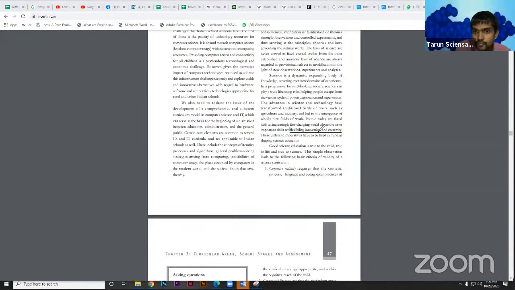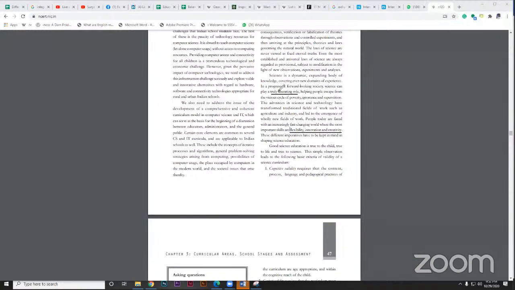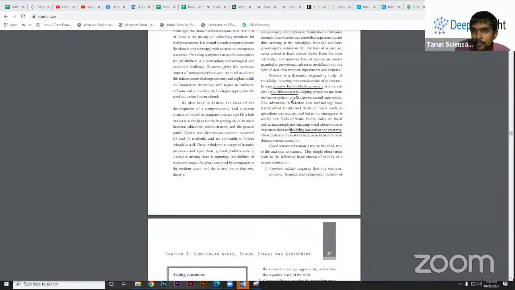Then science has a truly liberating role in a progressive, forward-looking society, in terms of taking people out of poverty, ignorance, and superstition. So do we develop a science curriculum which addresses those things?